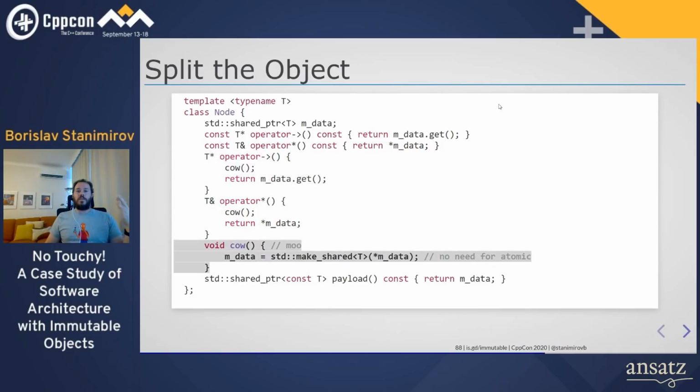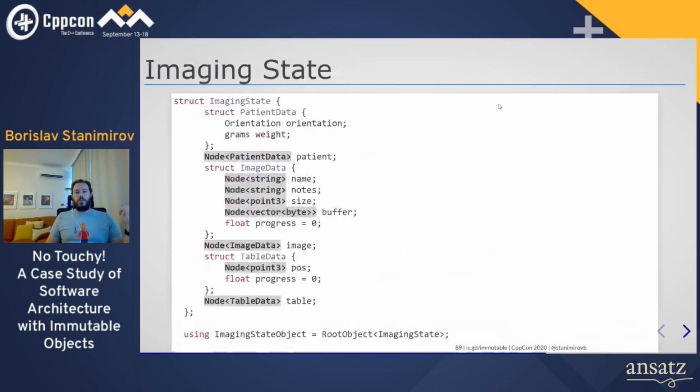And the copy and write is really simple. There is no need for atomic stores here because it's always inside the locked mutex of the parent object. And we can have a nice way to get the actual data inside, as a shared pointer if we want. So now, our imaging state is a root object which is composed of nodes.